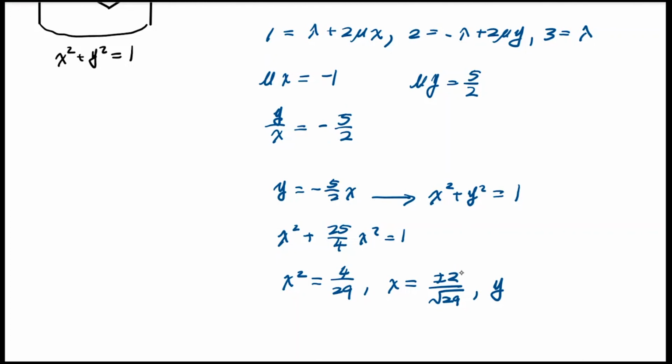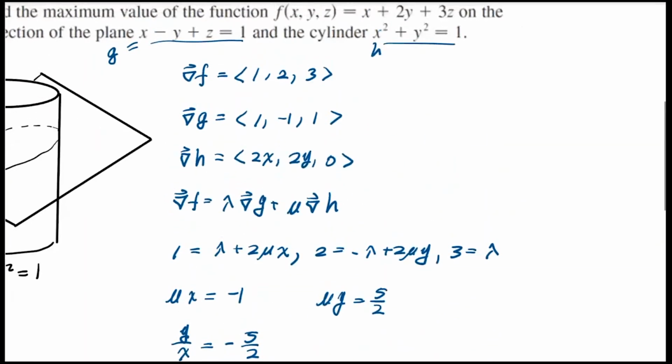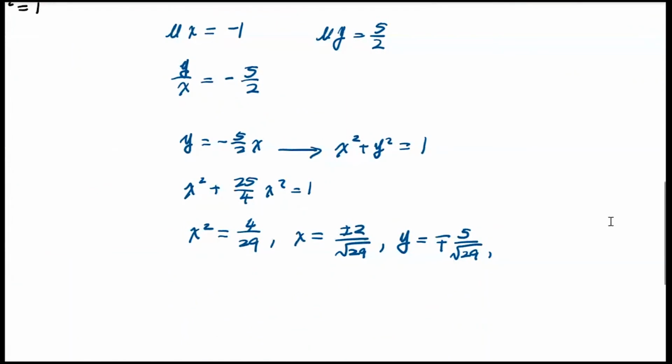So multiplying negative 5 over 2, so 2 cancels, so we'll have minus plus, and then 5 over square root 29. Still with me? Say yes. And then we plug both of them into z, which, well, we can plug into this thingy, right? And this is too much algebra, so if I do it in my head, this will be 1 minus plus 7 over square root 29. How about that?